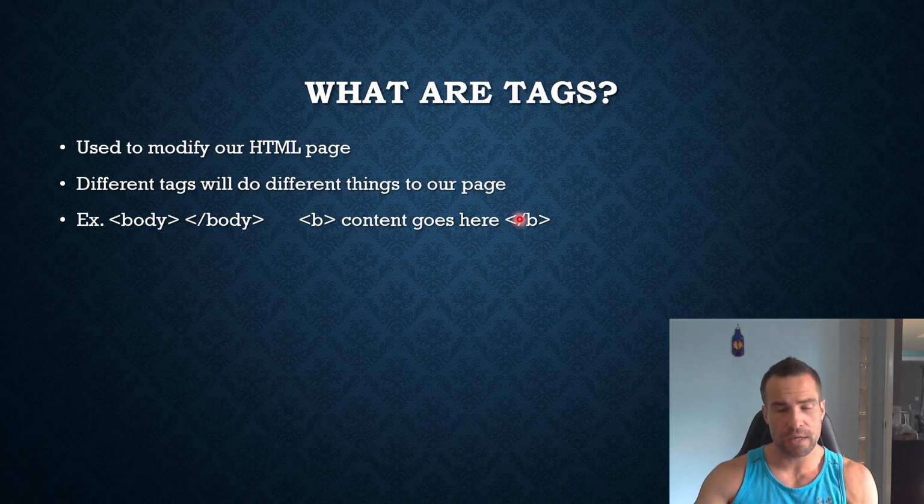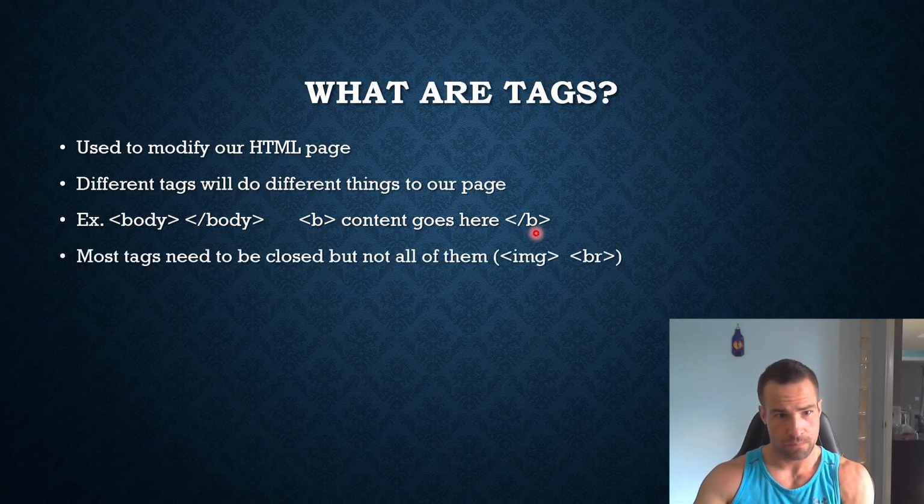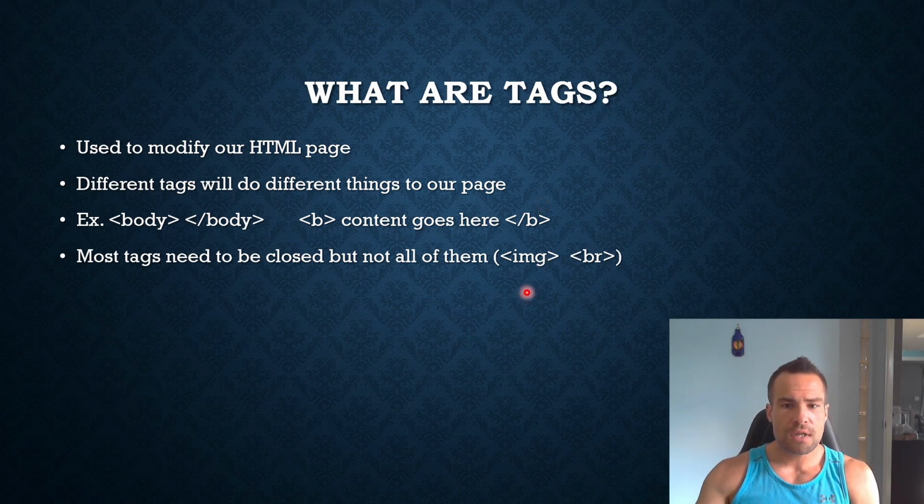So I'm going to show you later a bunch of main or common tags and what they will do to modify your page. Most tags need to be closed. So you'll see body, open, close, bold, open, close. You'll see italics, headings, all sorts of tags we're going to learn. Table, image. The unique thing here, though, is some of them don't need to be closed.